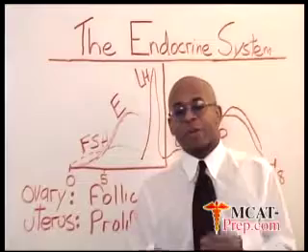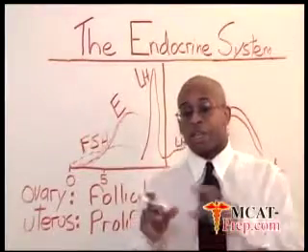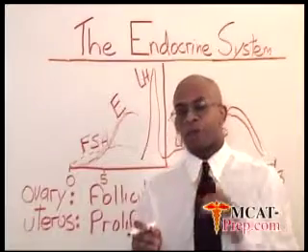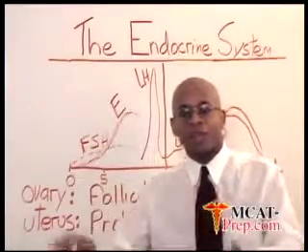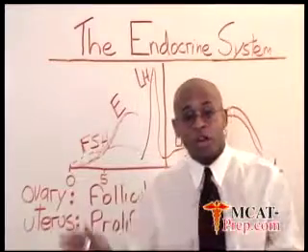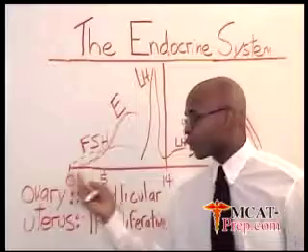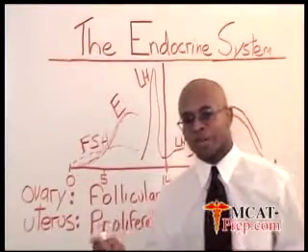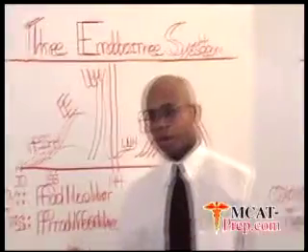In other words, in response to the withdrawal of estrogen, which was maintaining the thickness of the uterine lining, it sloughs off. It just falls off. And because of that, there is the bleeding of the first 5 days of the menstrual cycle. So it's in response to estrogen withdrawal.